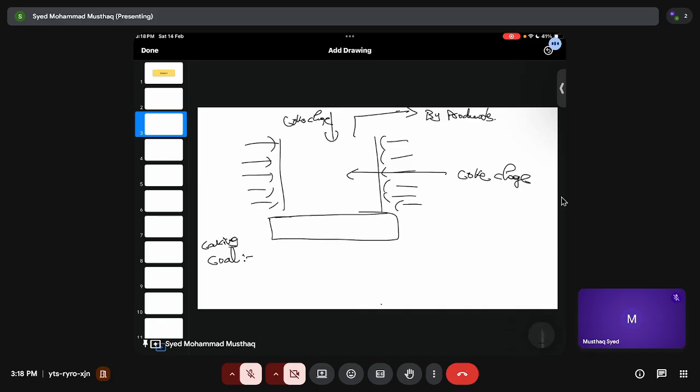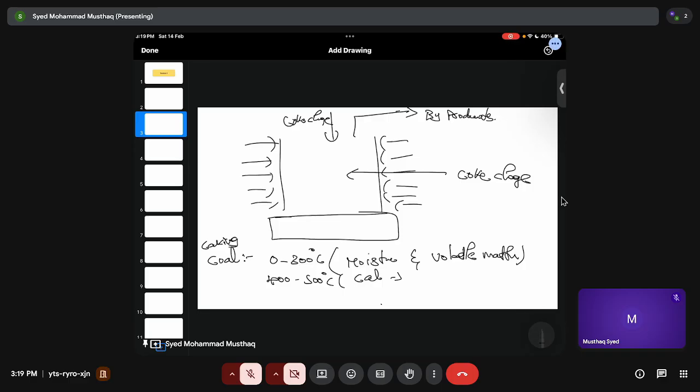What does it contain? First, when you heat it from 0 to 300 degrees centigrade, you first remove the moisture. Even after 120, moisture keeps coming out, and also the volatile matter. In the last class, we learned that between 400 and 500 degrees centigrade, your coal becomes a plastic mass.